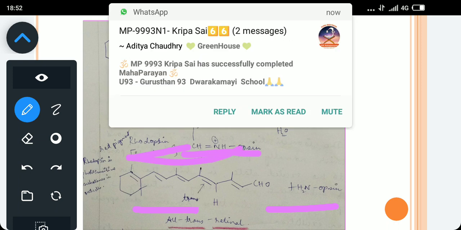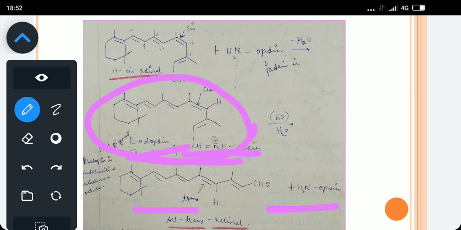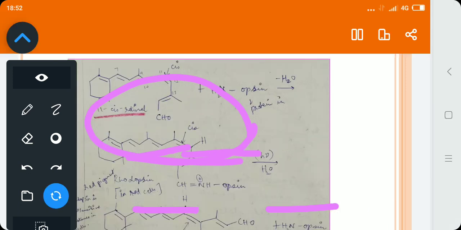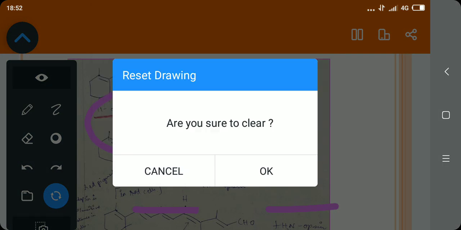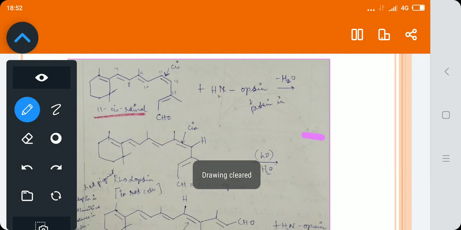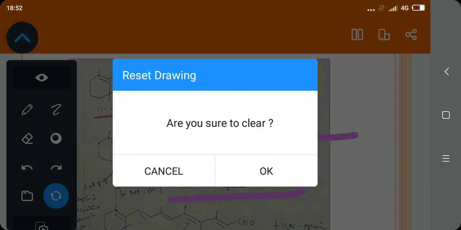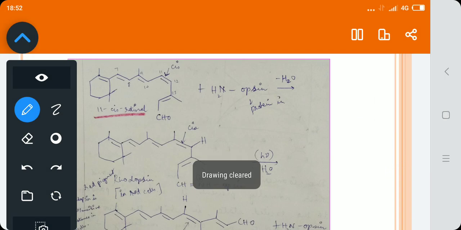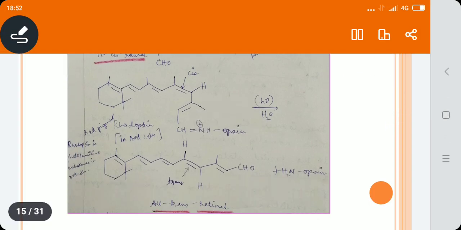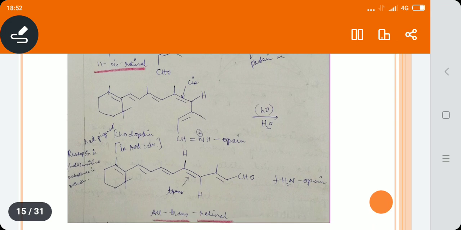Rhodopsin takes in a suitable wavelength of light, and this is how the conversion of cis to trans isomer takes place. Now you can have a look at how this is happening.